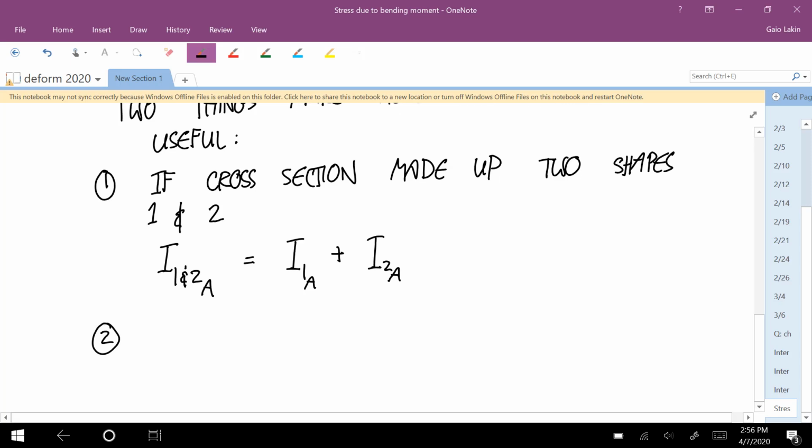So notice that this first useful thing, this ability to sum moments of inertia, really would not be useful in hardly any cases at all if we didn't have the ability to adjust where the axis was for the centroid. This is called the parallel axis theorem.